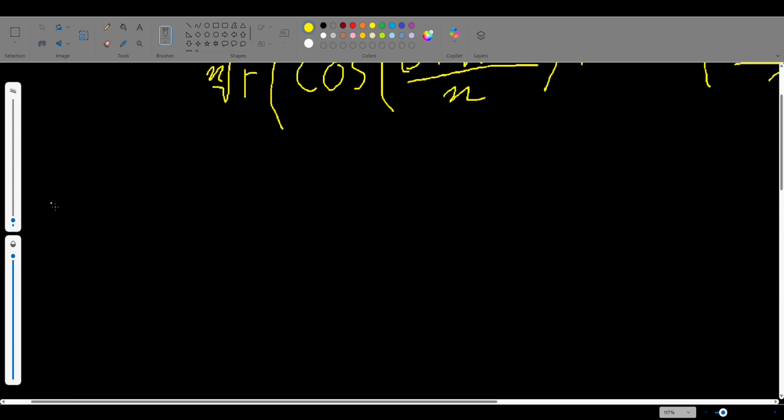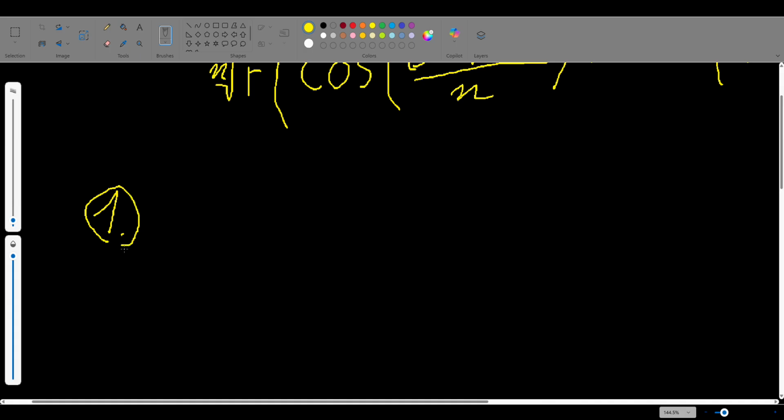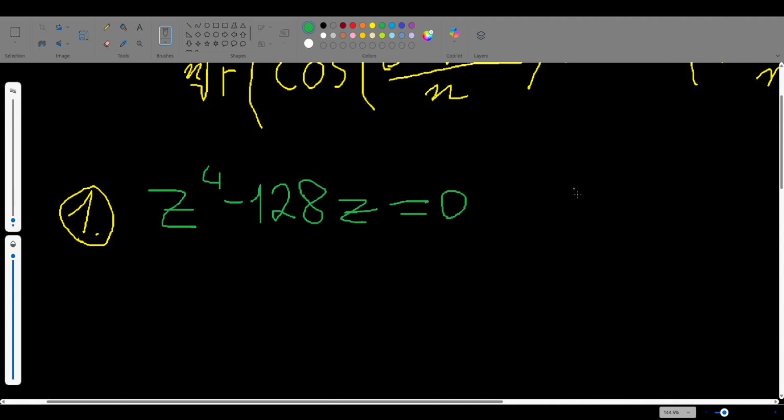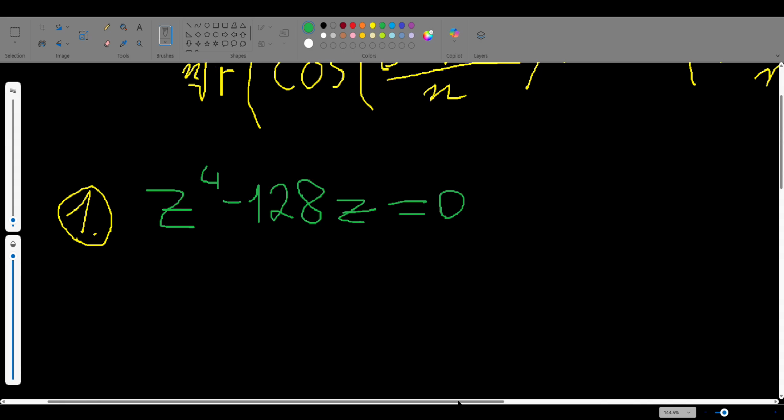You've got practice problem number 1, which is z to the 4 minus 128 z is equal to 0. And they're asking us to find the complex roots of this equation.